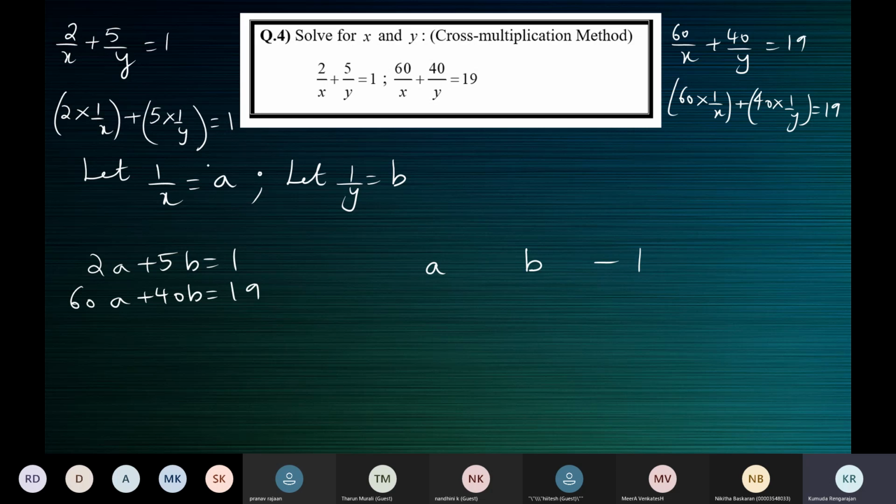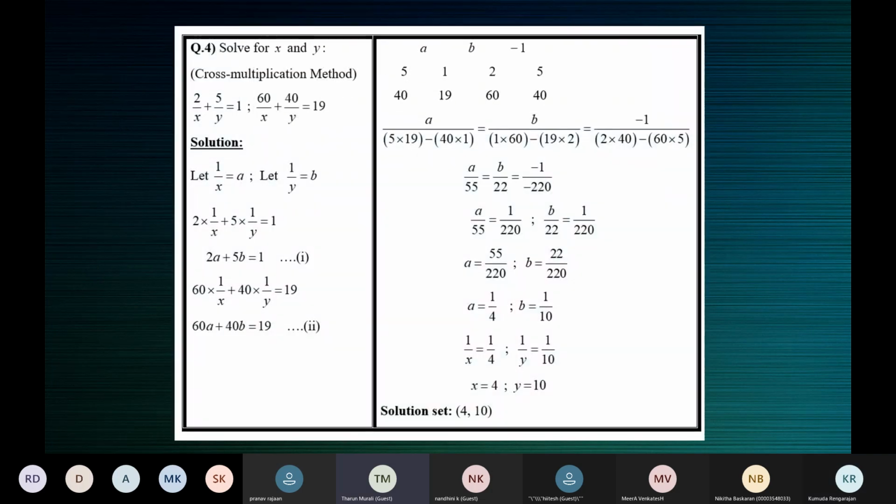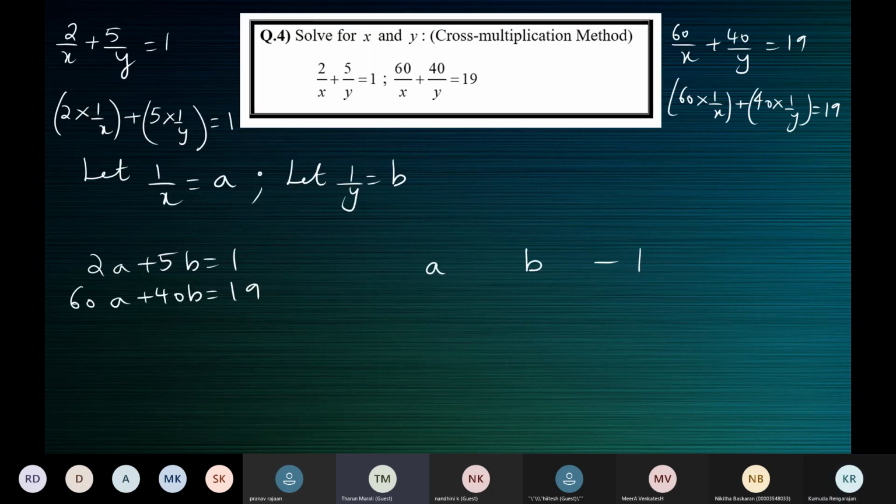So tell me, what have you written, Tarun? a by 55, b by 22, minus 1 by minus 220. You're right. Yes, you're right.